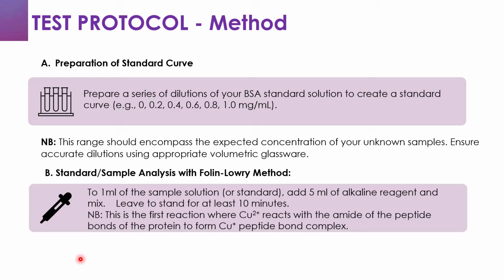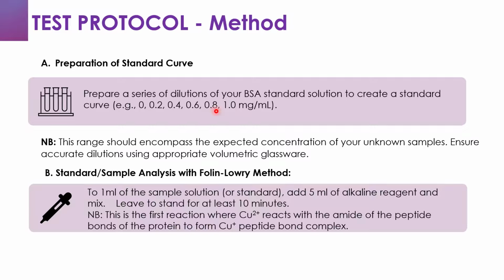So now, let's look at the test method. So the first thing that we have to do is the preparation of the standard curve. And to do this, we prepare a series of dilutions from our BSA standard solution to create a standard curve. So for example, let's say we want to prepare this concentration from our 1 molar BSA.